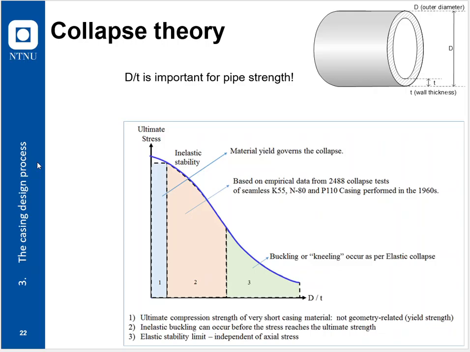Collapse is very often thought of as the most difficult and advanced part of casing design. As an academic, I say I don't agree. And I will get back to that later on. Basically, because as we are talking about strength, it's very easy to see when a pipe collapses.